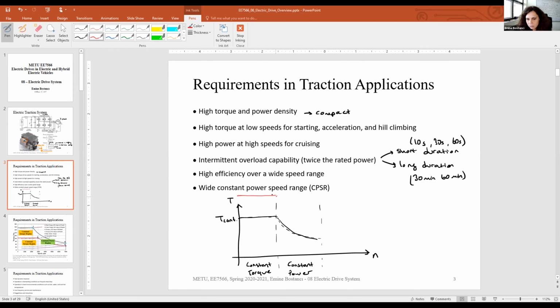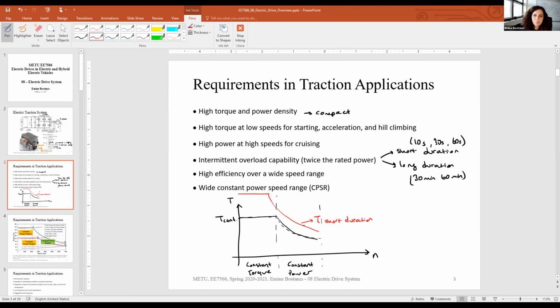Here the power doesn't need to increase much, but usually it does come with the torque increase. So here it is going to be T short duration, and this will be allowed just for a shorter time.